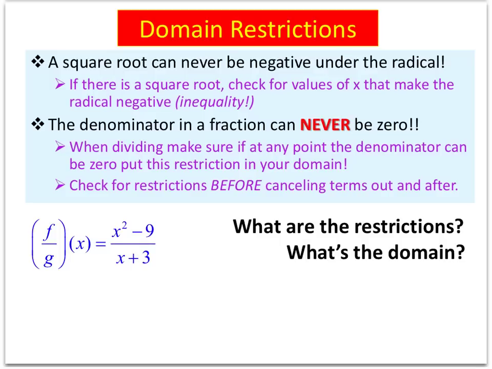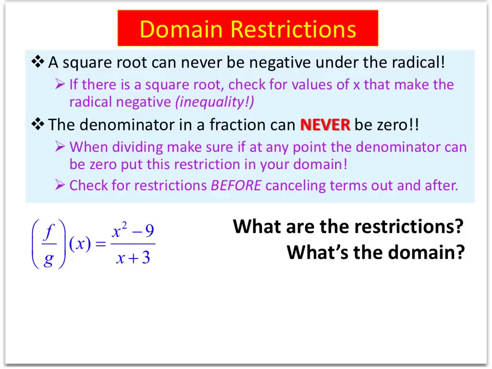So we're mostly going to be talking about square roots, but remember this also applies for 4th roots, 6th roots, and any even-rooted function. Now when we're talking about even-rooted functions, what's underneath the radical is not allowed to be negative, because then we have imaginary or impossible values. So we're going to be restricting the values of x that make whatever's under the radical negative. Now that's going to look like an inequality.